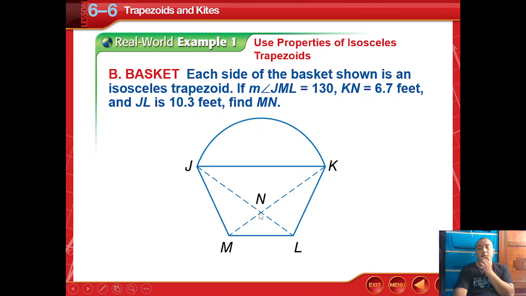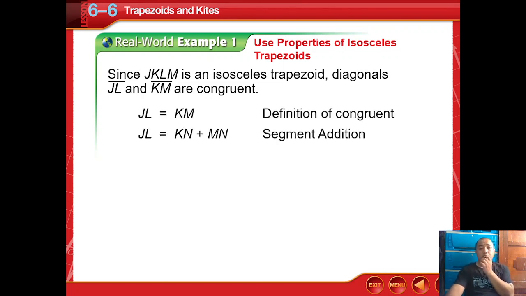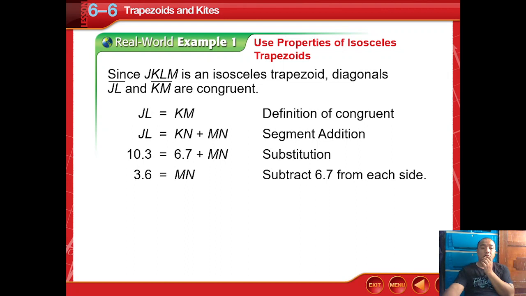Since JKLM is an isosceles trapezoid, its diagonals JL and KM are congruent. But KM is KN plus MN. By substitution, JL is 10.3 and KN is 6.7, so you can solve for MN. 10.3 minus 6.7 is 3.6. Therefore, MN is 3.6. That's the answer.